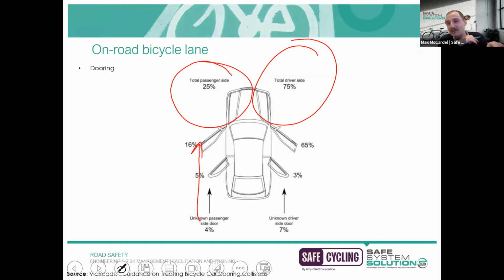That's when passengers may choose just to hop out of their car to get to their destination, if they're in a taxi or an Uber, or the parents are dropping off their kids. That's a real common way for that passenger side collision to occur. I've actually been involved in that type of collision, which was very low speed, so no real damage, just damage to the vehicle. Not a comfortable experience regardless.